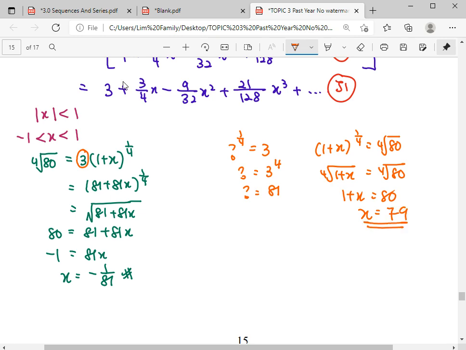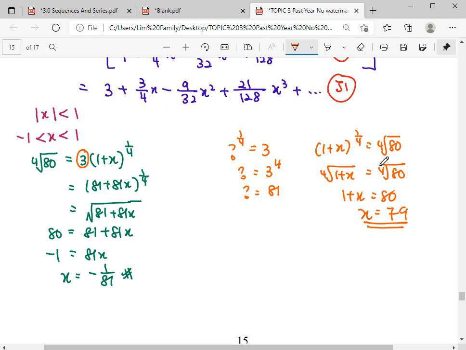Is it valid? Your x is not valid. When your x is not valid, this comparison is wrong. You are using an x that is not valid, so the whole expansion cannot work. The expansion can work only when the value of x is between negative 1 and 1.